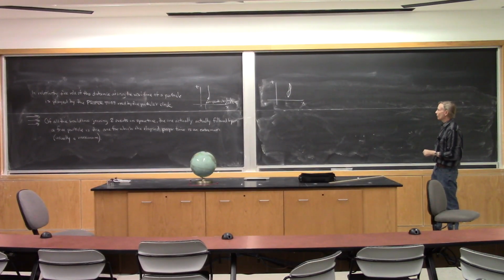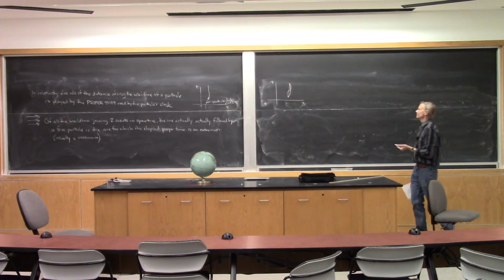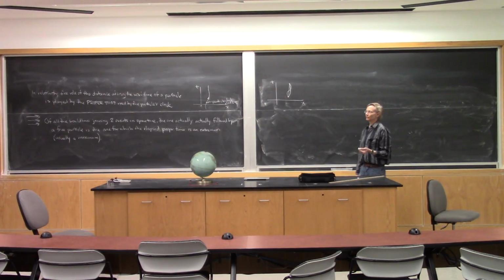I'm kind of implicitly imagining I'm using natural units where c, the speed of light, is equal to 1 here. So in natural units, what would the path of a photon look like? What's a photon world line look like? If I have x and t, with c equals 1, what if I had a photon traveling through the origin?